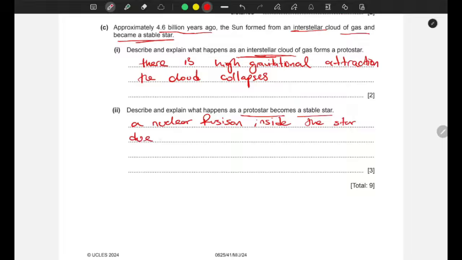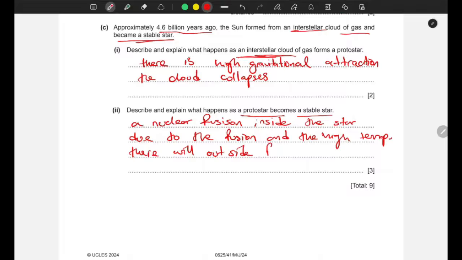This outward force balances with the high gravitational force, which is inwards.